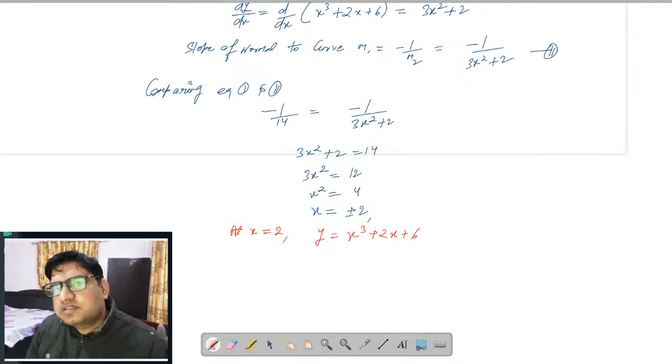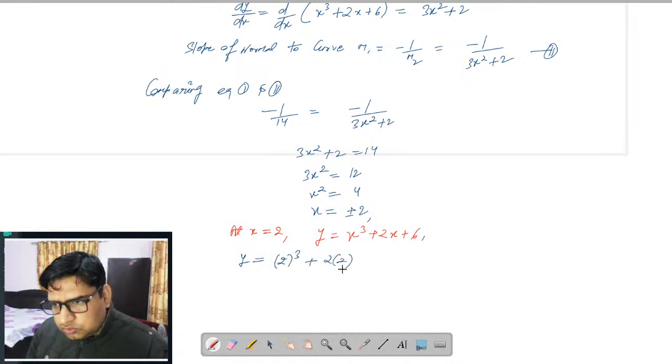So y will be equal to 2 cube plus 2 into 2 plus 6, so 8 plus 4 is 12, 12 plus 6 is 18.